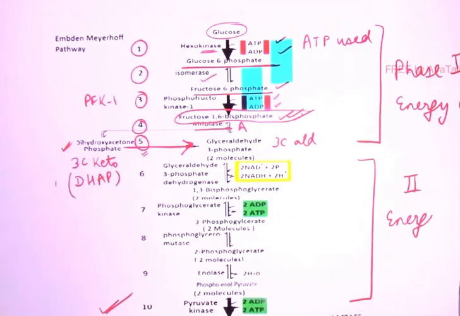Energy producing phase, right? Now see one smartness planned by nature. I told you that any good business is that we invest less and we obtain more, right? Now see phase 1. In phase 1, how many glucose molecules are entering? Only 1 molecule of glucose is entering.